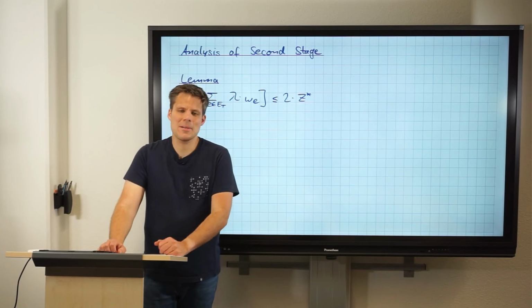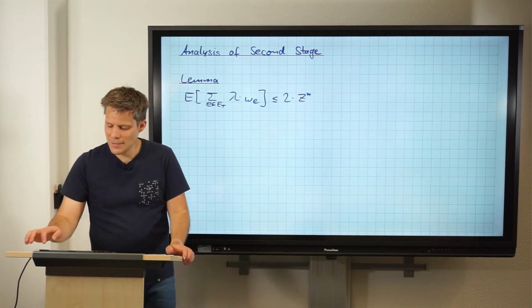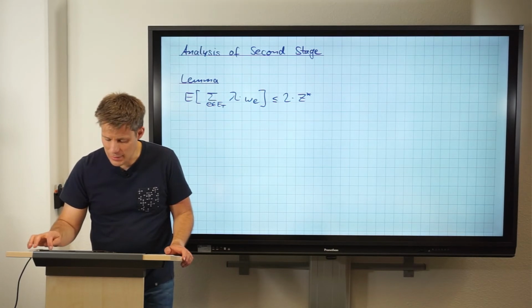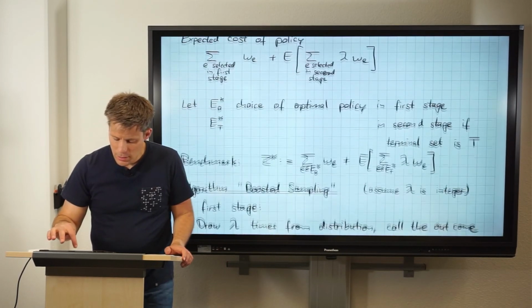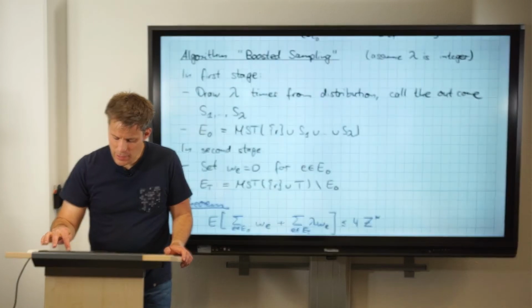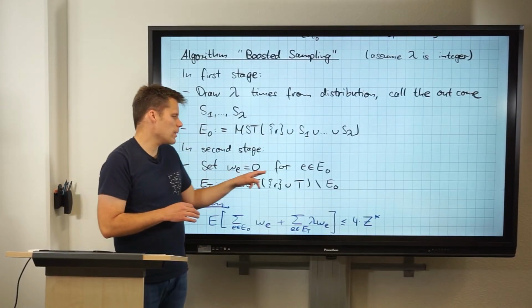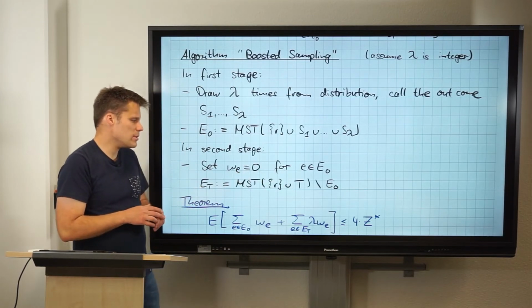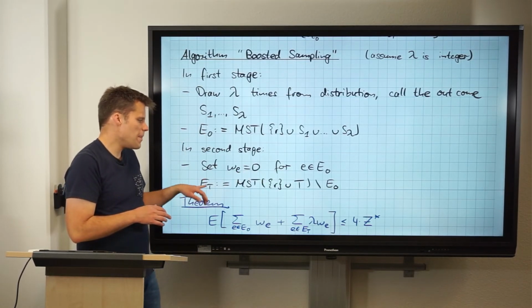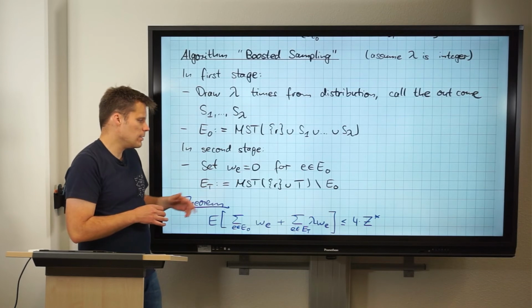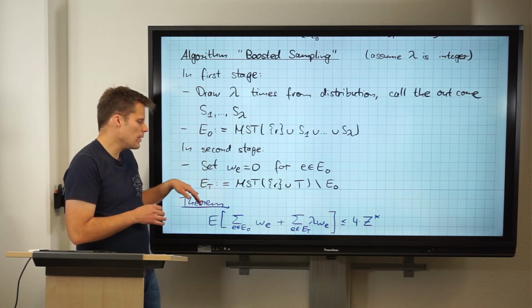Let's now talk about the second stage. And before we get there, let's first recap what our second stage of our algorithm looks like. In the second stage of our algorithm, we set all the edge weights for edges that we chose in the first stage to be 0, and then we are computing a minimum spanning tree on the new edge weights where we modified the edge weights accordingly.